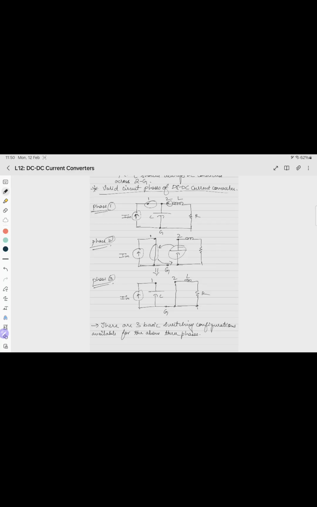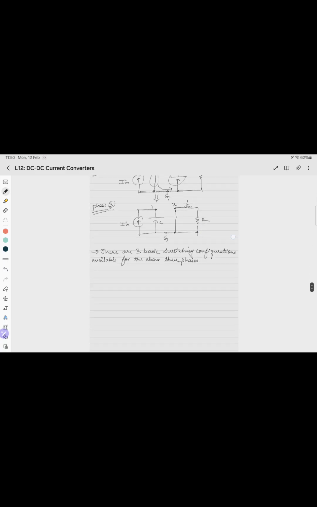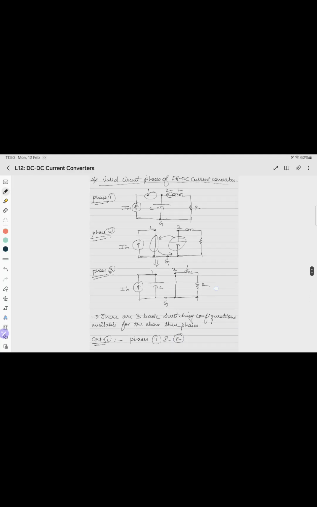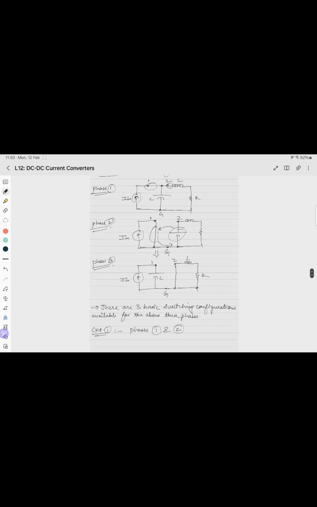So let's say if you first combine, so circuit 1, let's say we are deriving circuit 1, we are using phases 1 and 2. We are combining 1 and 2. At a time we are combining only 2 phases.